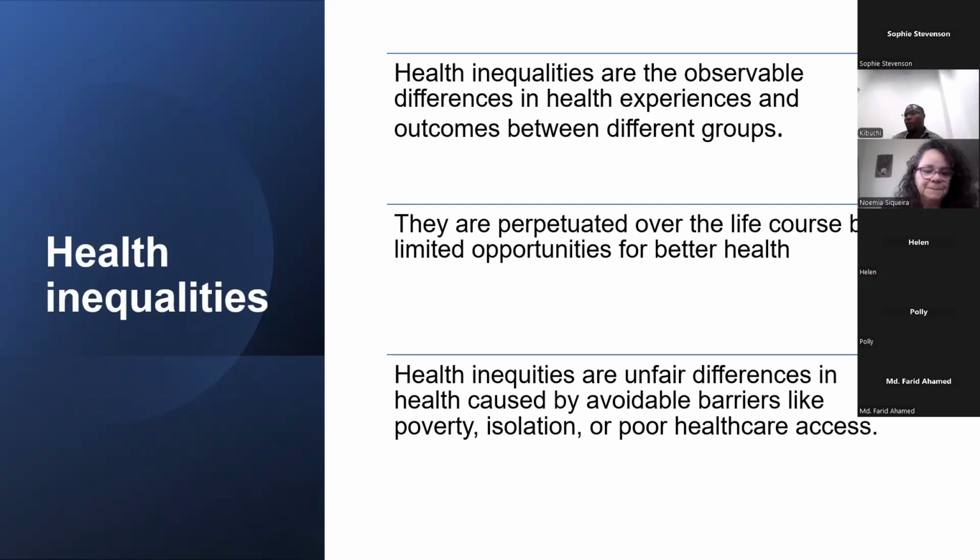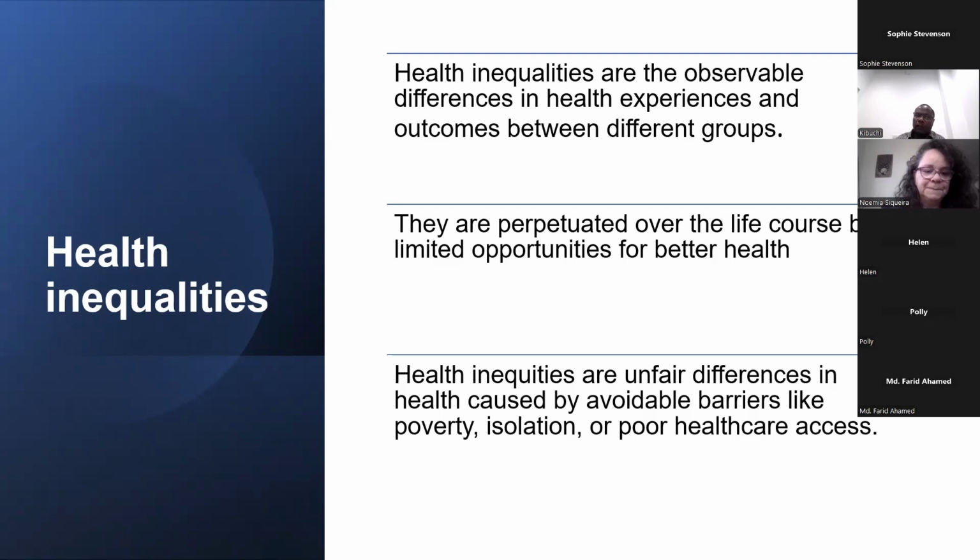And a child born to that mother mostly won't be in a position to get good nutrition, and faces other challenges in life. They go to school, and they don't get good opportunities because there are no schools around, no green places for them to play. So these inequalities are perpetuated over the life course until a point where there's an intervention.